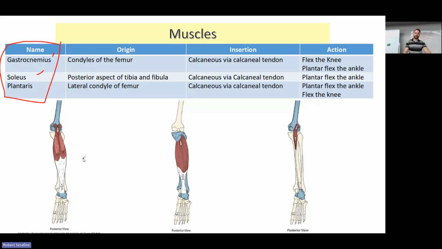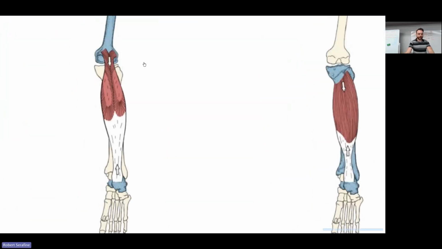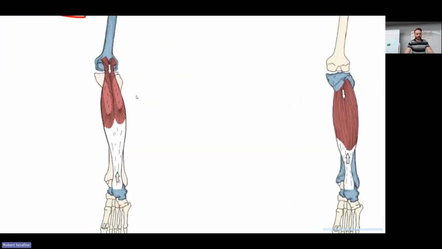Again, when I talk about learning the landmarks, or learning muscles in general, you should be able to look at a picture of a muscle, and based off of just that picture, try to identify what it's going to do. So as we can see, we're attaching here to the calcaneus, and then we're attaching to the posterior side of the femur, to the medial and lateral condyles. So what's going to happen?